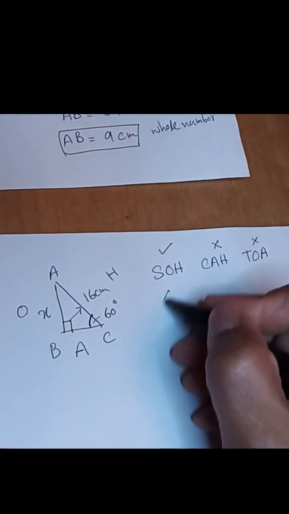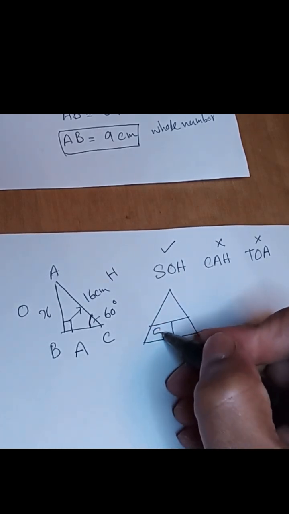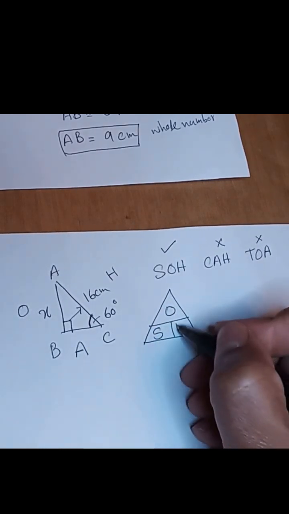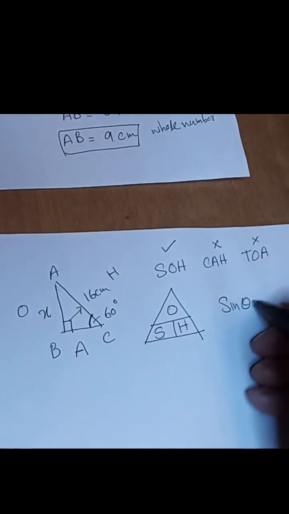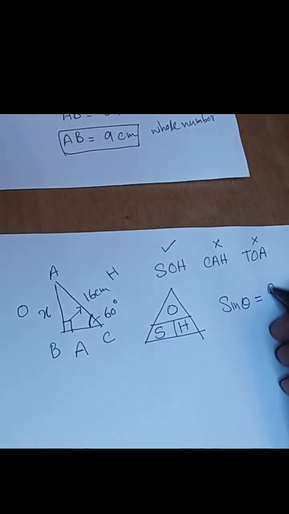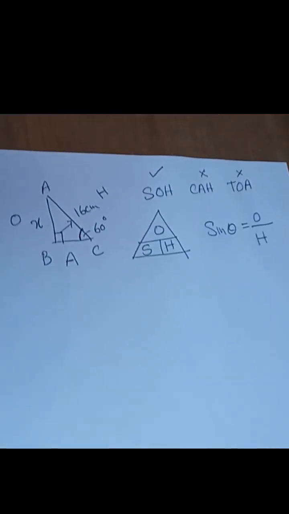So let's write down the triangle for SOH. Sine theta equals opposite over hypotenuse. You can also write it down like this. Now we're going to use our information in the question.